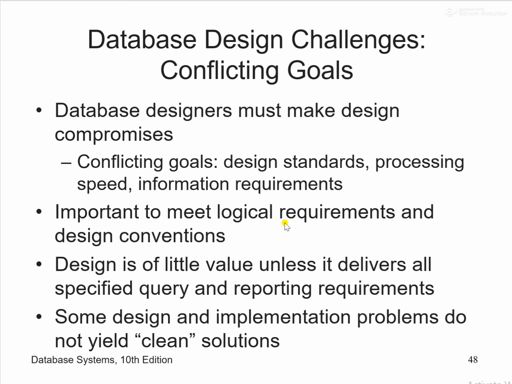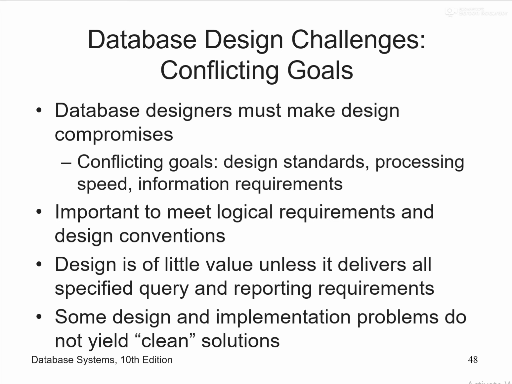So the next thing is processing speed. In those organizations that generate a large amount of data or a large number of transactions, high processing speed is a top priority in database design. And high processing speed means minimal access time, which may be achieved by minimizing the number and complexity of logically desirable relationships.